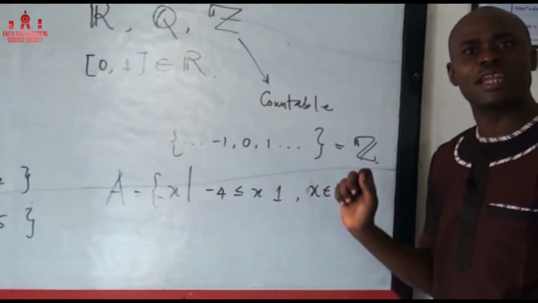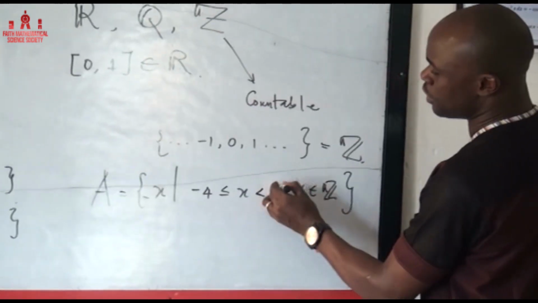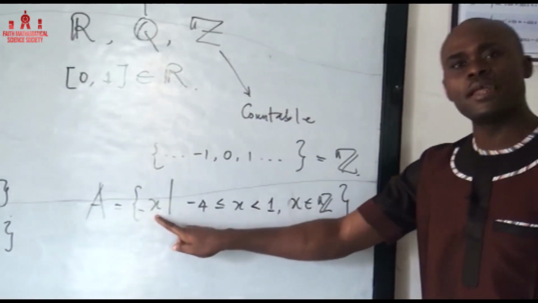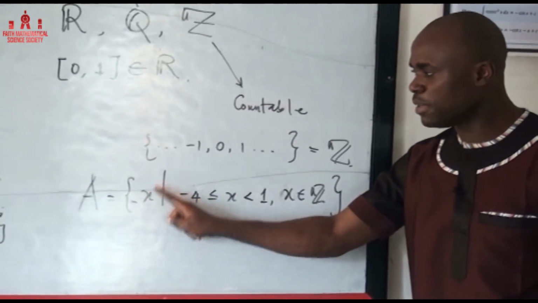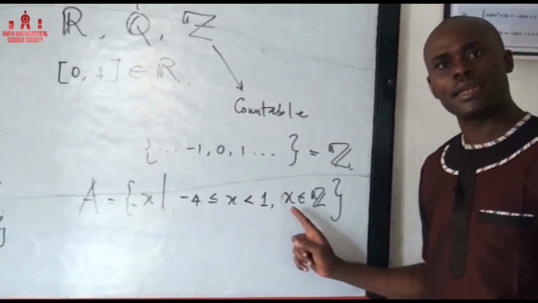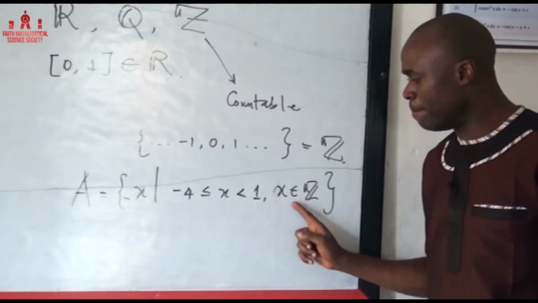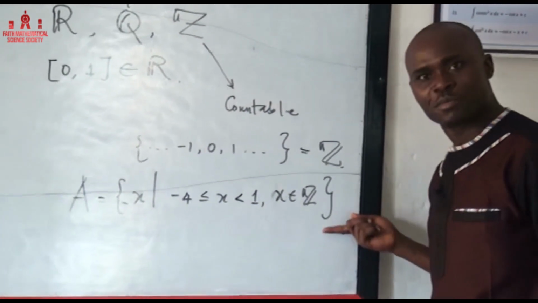But you need to learn how to read this. This simply means those elements such that the elements range between -4 and 1, and the elements are members of the integers. So you must learn how to read something like this.